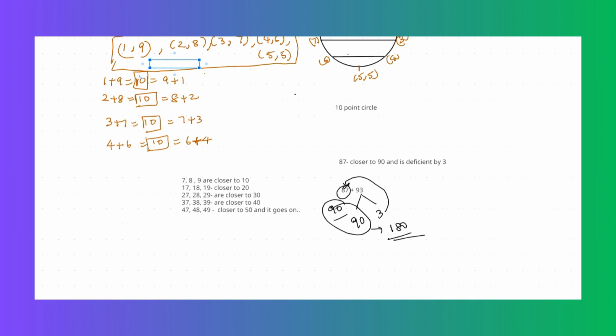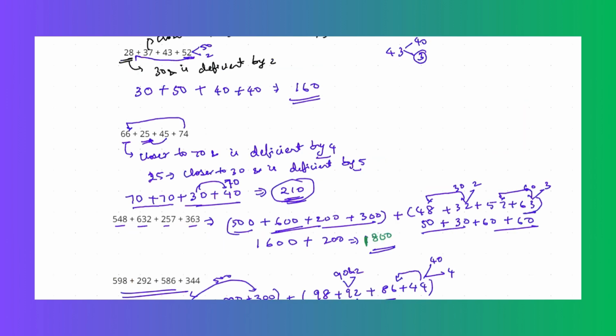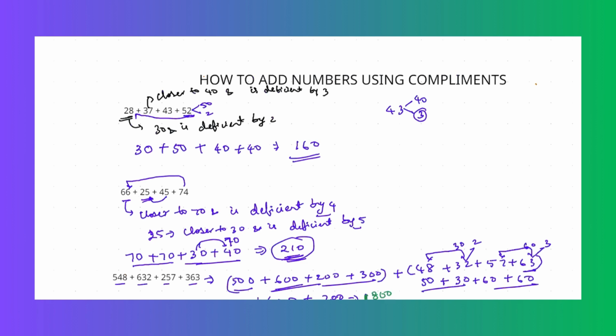Now let us see some problems. The first example: 28 plus 37 plus 43 plus 52. 28 is closer to 30 but is deficient by 2, and 37 is closer to 40 and is deficient by 3.